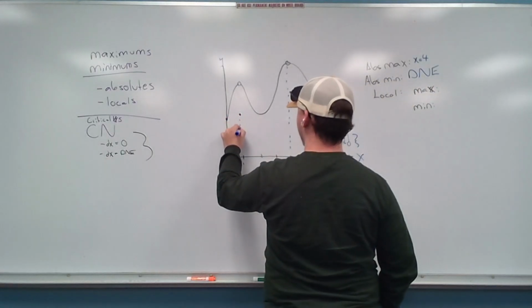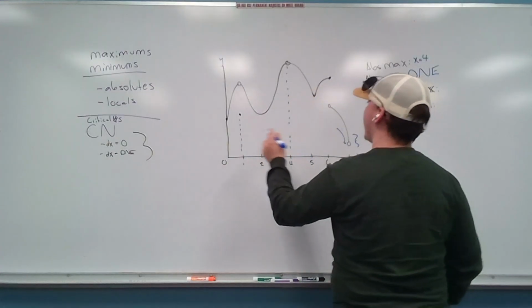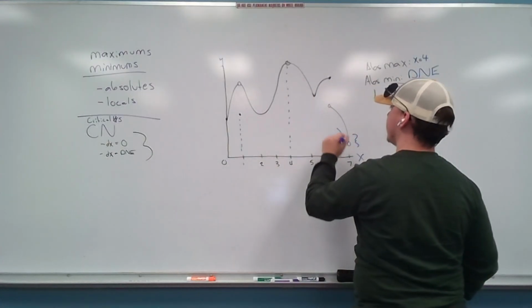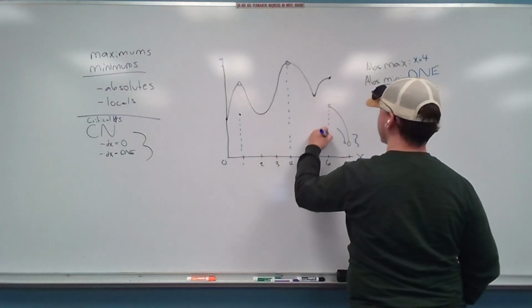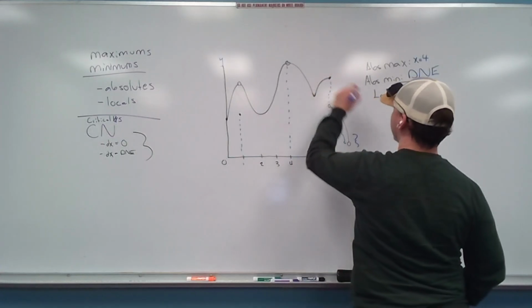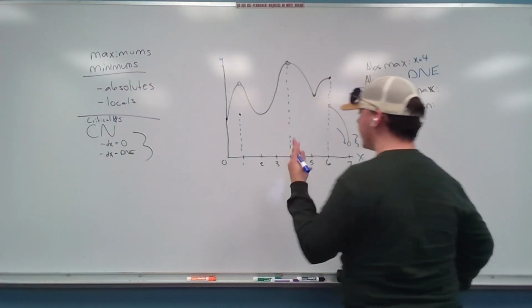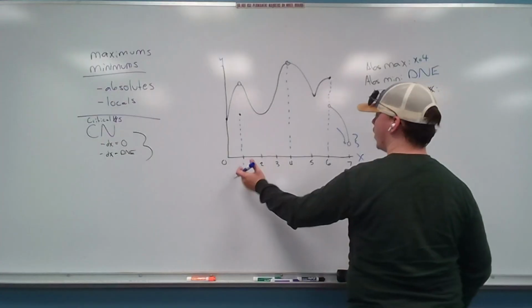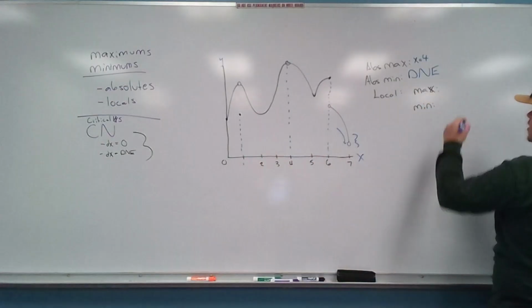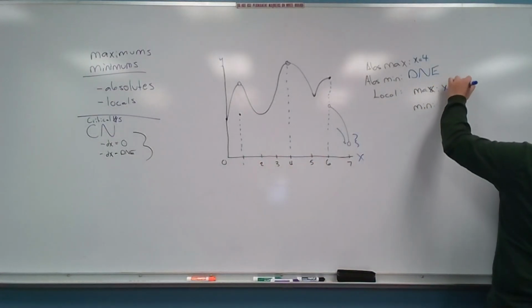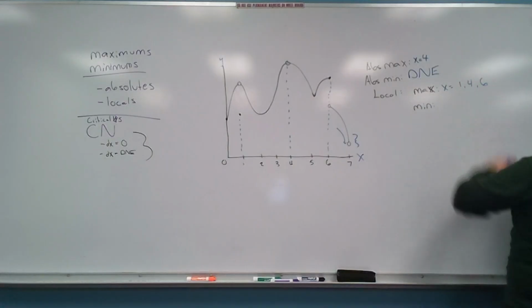Here's a local maximum, and right here is another local maximum, and right here is another local maximum, at the point that it's defined. So we have 3 local maximums: x equals 1, 4, 6.